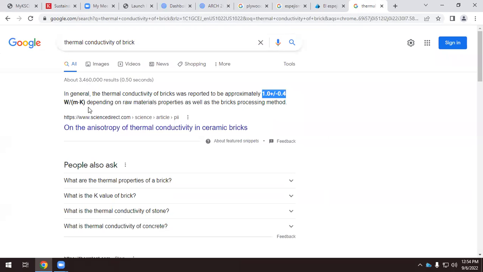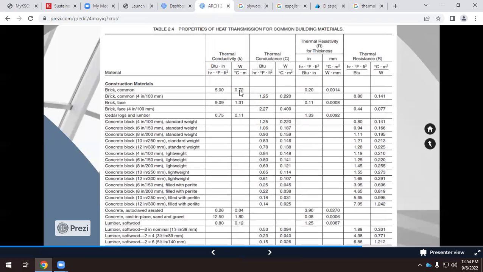So this is international units. It's from 0.6 to 1.4. In this table, we have 0.7, which makes sense. But there are different kinds of brick. We have this brick, it's 0.72. This brick is 1.3. But not all the bricks are the same.